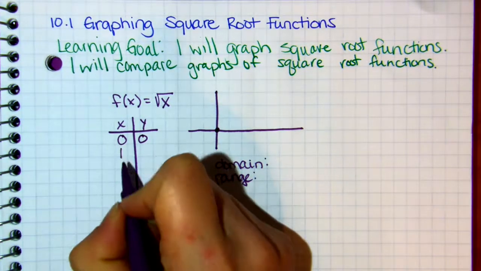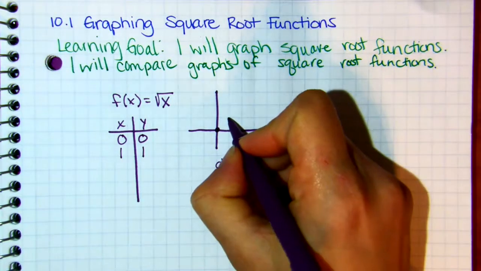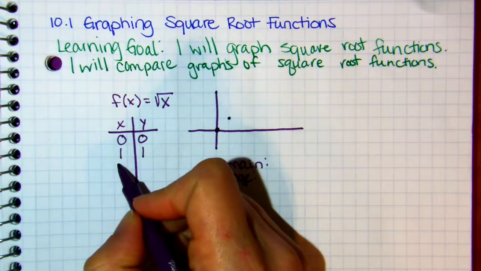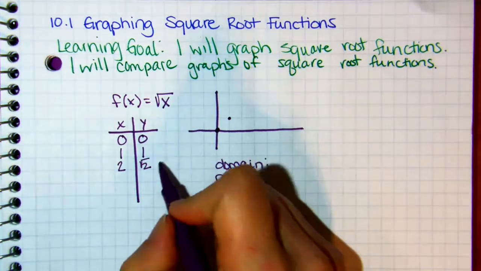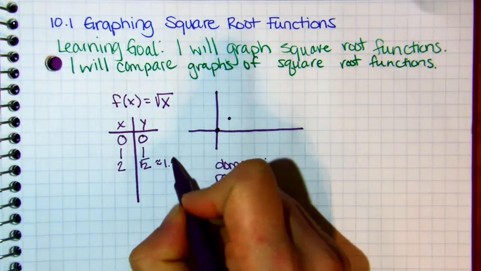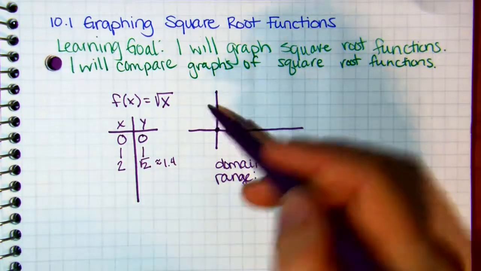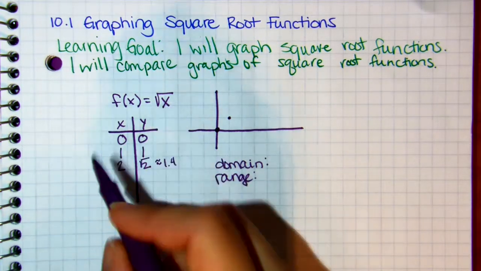Next, if I try 1, the square root of 1 is 1. So 1, 1 is on my graph. Now if I put in 2, I'm going to get out the square root of 2, which works out to be 1.4-ish. I don't want to worry about graphing that though. So the next thing I'm going to skip to is I'm going to put in 4 because 4 is my next square number.